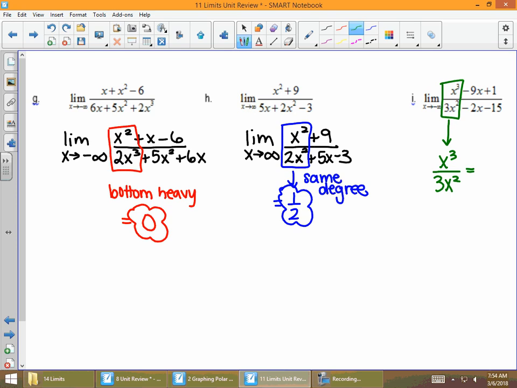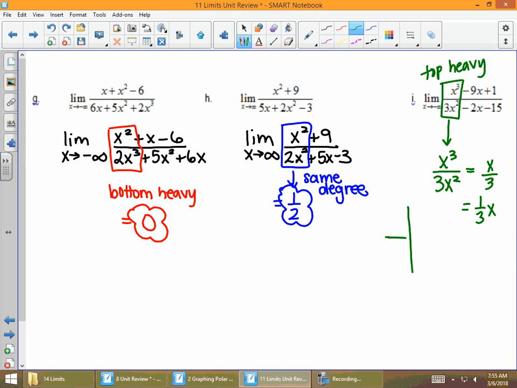Again, the 3 doesn't really matter, but we could write it there. So if my x's cancel here, I'm going to end up with x over 3. And if we're thinking about that as a line, it would be 1/3 x. So what does 1/3 x look like? Well, it's a line, and this is a top-heavy function, so it is going to have a slant asymptote.